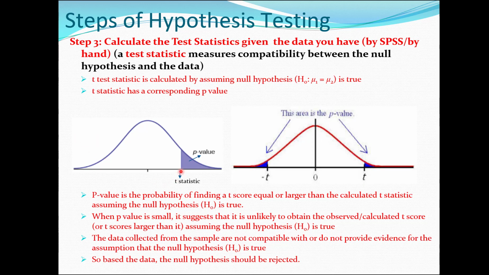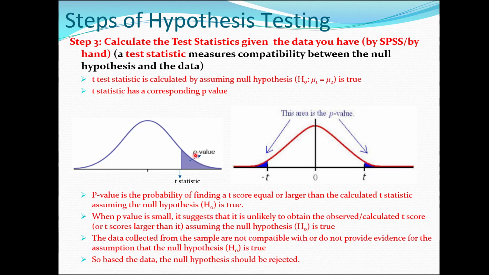A t-test statistic, you can understand it as a z-score. If we have a z-score here, we will be able to find a corresponding area underneath the curve. And this area, we call it a p-value.